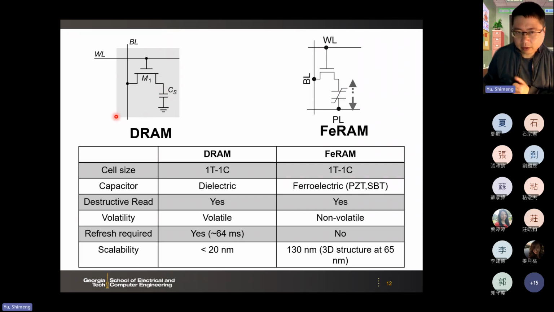DRAM as well, we have to write it back. The first generation FeRAM, as I said, stopped scaling at 130 nanometer. For low-cost ID cards, you still have FeRAM products using low-cost fabrication platforms. But if we want to scale FeRAM to more advanced nodes, we need a 3D structure and a change from PZT to the hafnium oxide system.